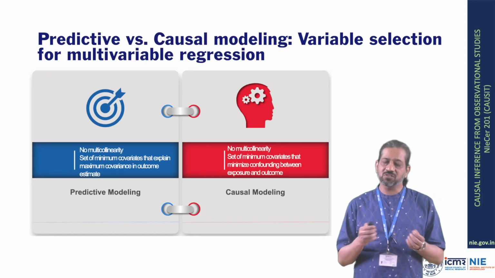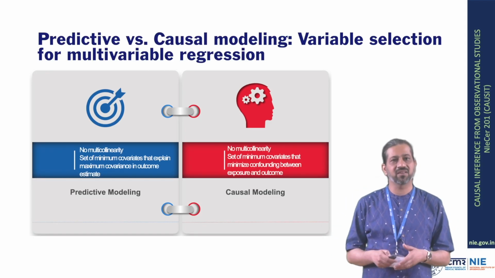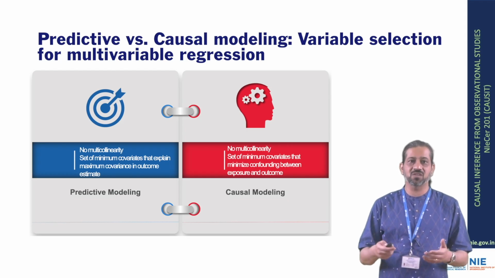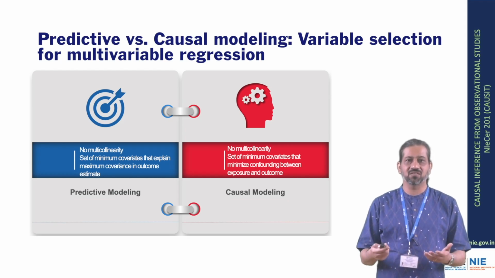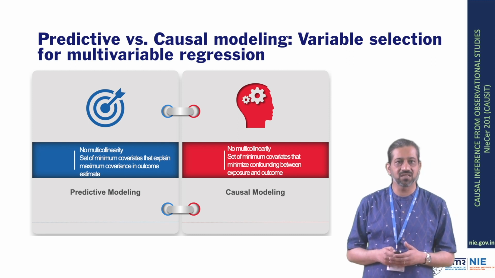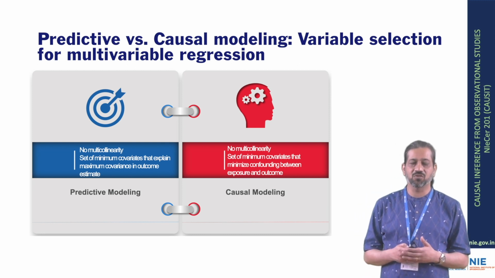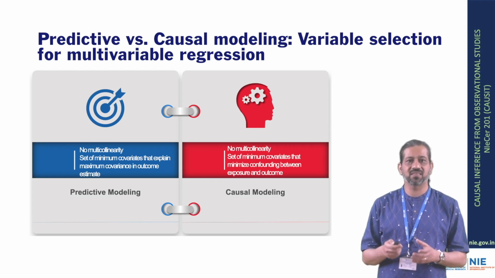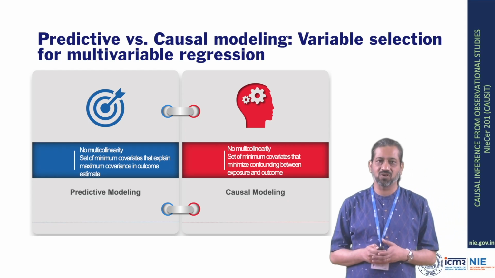Now, in order to do that, we need to select variables for our multivariable regression. Again, in predictive modeling, we would first check for multicollinearity, and then we would look for a set of minimum number of covariates that can explain the maximum covariance in the model.